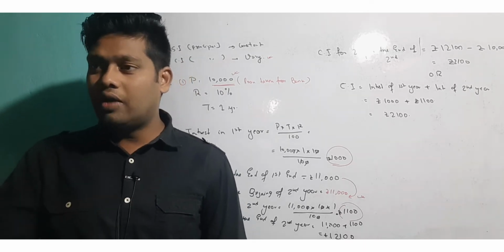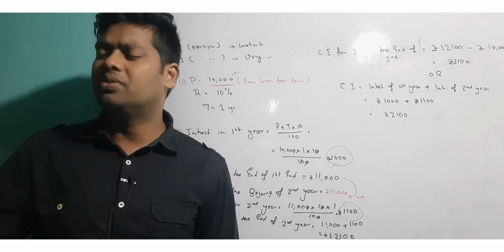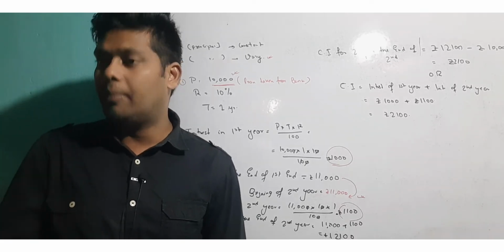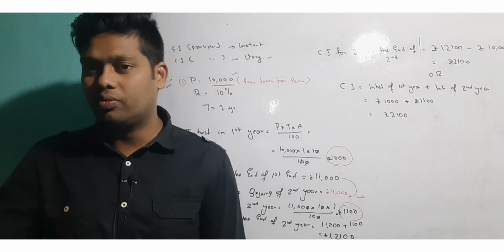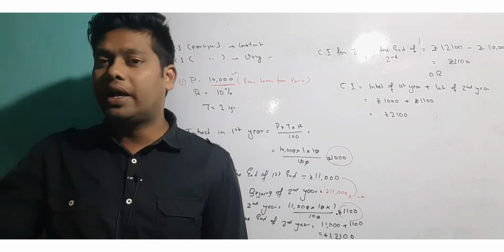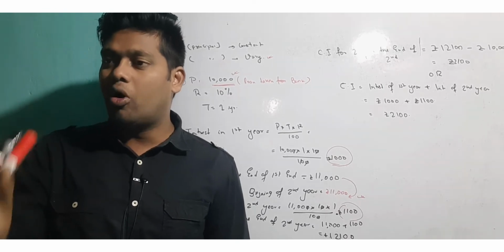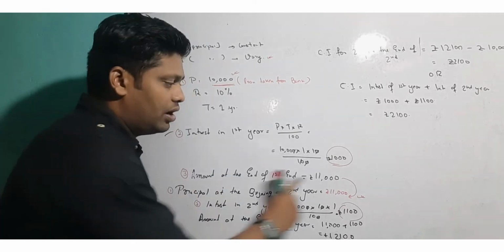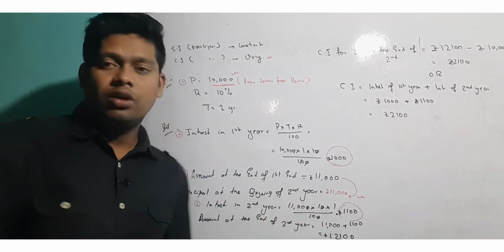It means you have got that value, you have achieved this value, 1,000 rupees, but till now it has not been credited to your account. So they may ask you, what is the amount accrued at the end of first year? 11,000. What is the amount accrued at the end of second year? 12,100.